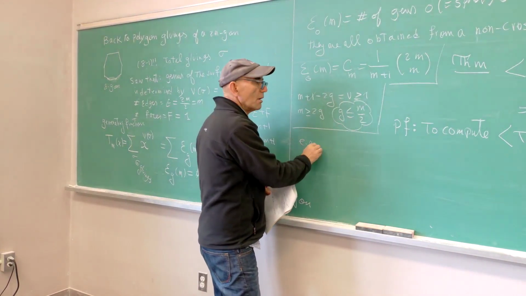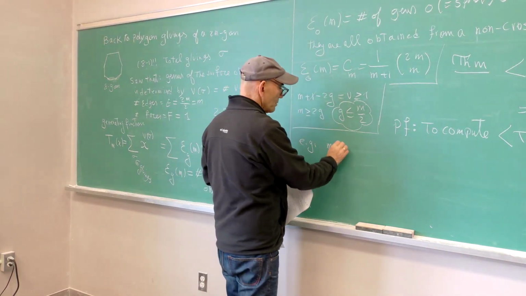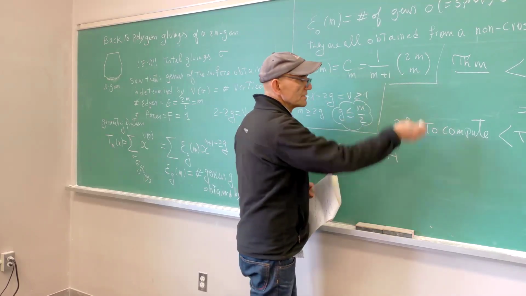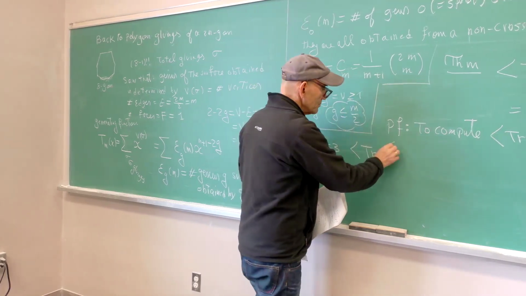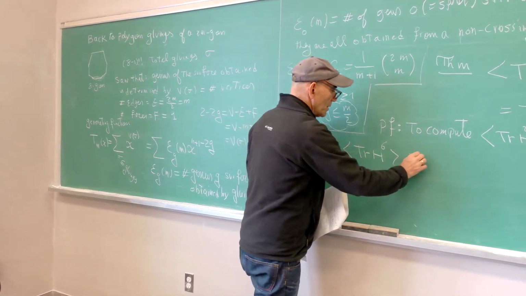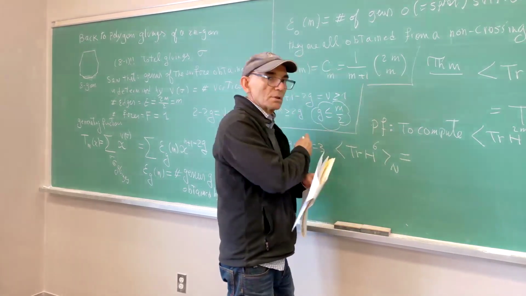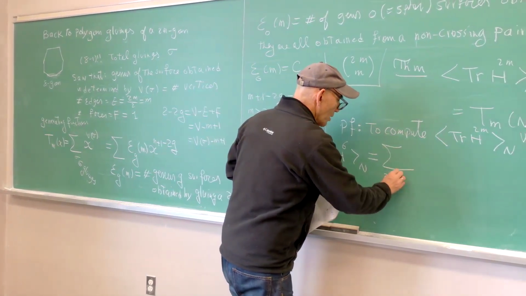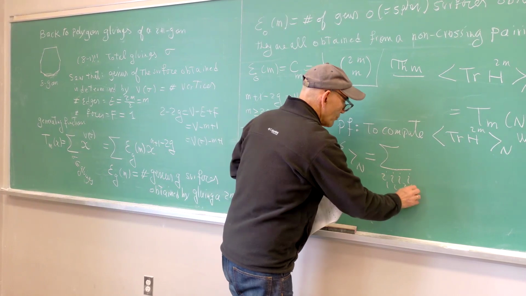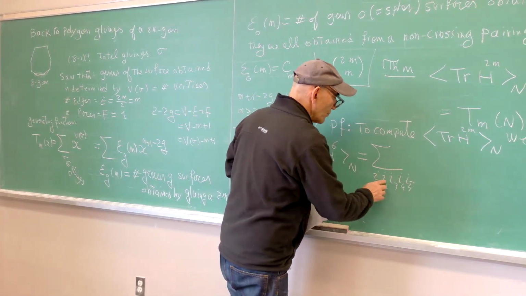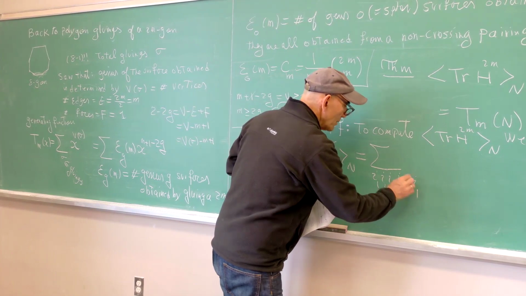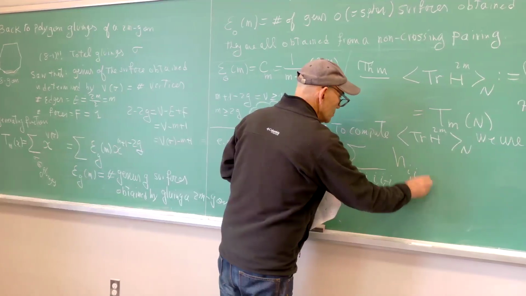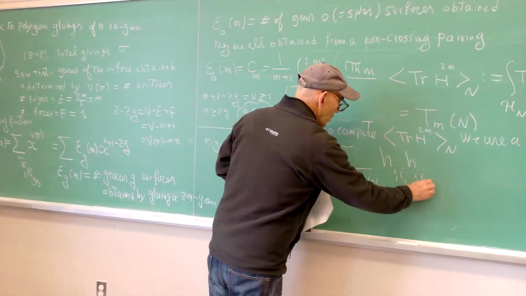For example, if n is equal to 3, imagine I want to compute the trace of H to the 6. This is a sum over i1, i2, i3, i4, i5, of H i1 i2, H i2 i3, H i3 i4, H i4 i5, and then H i5 i1.